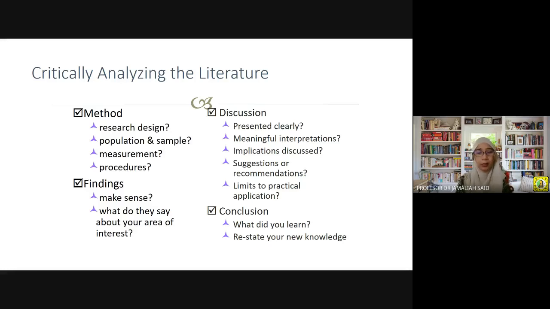And I believe whichever research method class you attend, they will suggest you use this format or maybe some other better format, so that from that format you are able to analyze critically. For each literature you have to make a discussion and conclusion.